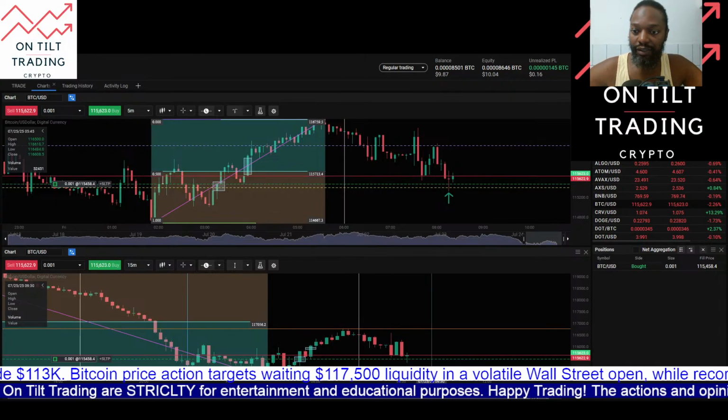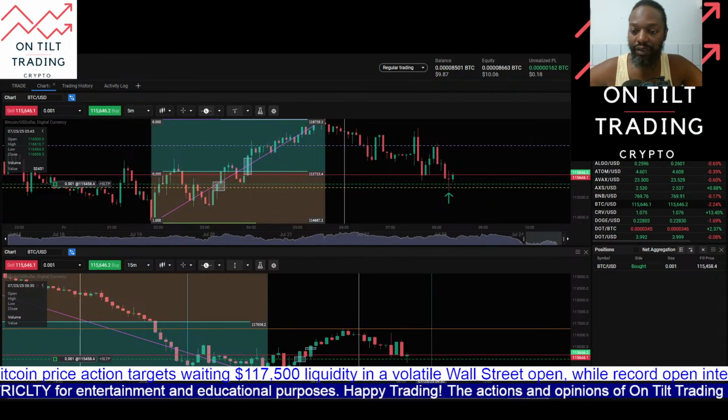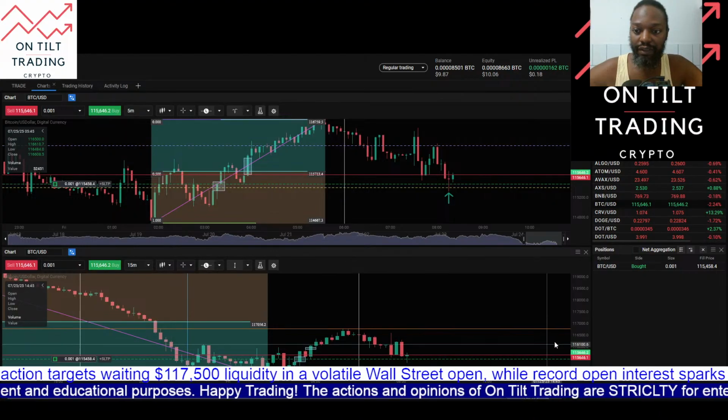Price consolidating here, 115,620, 115,650 here.